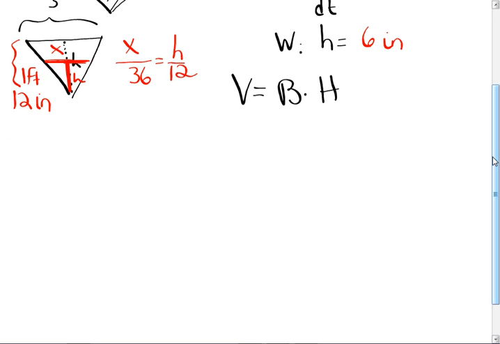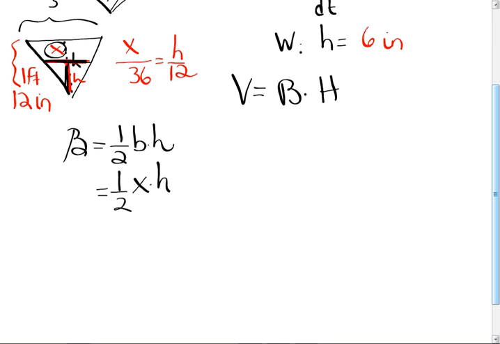So capital B, and I like to simplify everything, is 1/2 the base times the height. Looking at my picture here, what's the base of my triangle at any given time? It's changing. We call this length X. You can't use the 3 or whatever number it is up there. So it's X, and we call the height at any given time H.